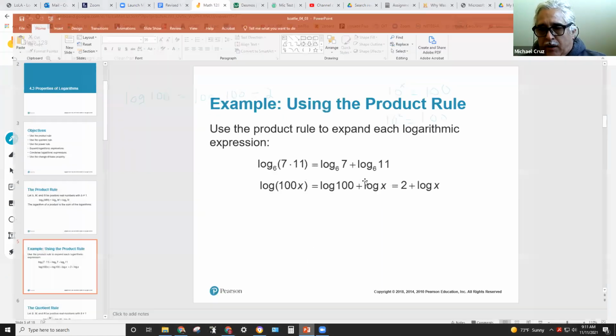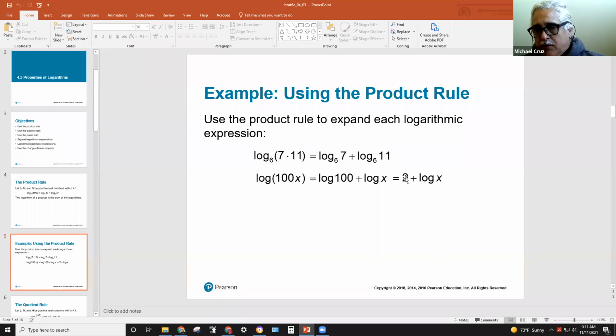So that's why this becomes a 2: the log of 100 is 2. That can be simplified down, and then this one just stays as log of x. Okay, any questions?